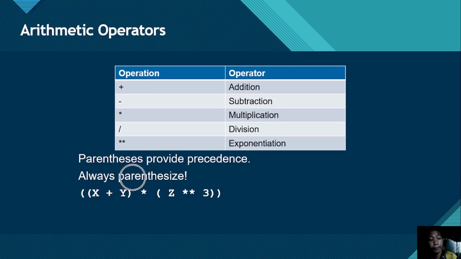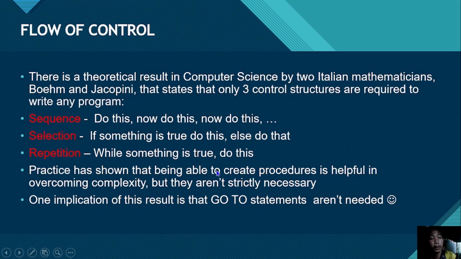So here, x plus y is added first. Here, z exponentiation of 3, so z raised to the power of 3. Then, after having that result, it would multiply the result of x plus y and z raised to the power of 3.